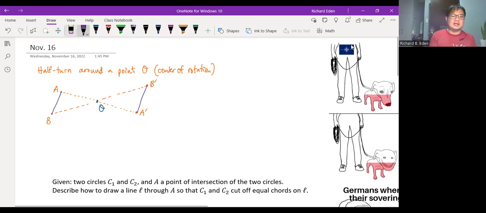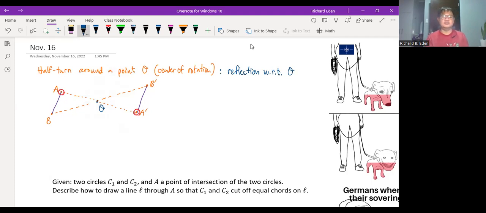Parang kunwari kung magsasabit ka ng balloon dito sa point A, a red balloon, when you do a half turn of this segment around point O, the red endpoint will be sent here. So babaliktad. But then what we see is that a half turn is essentially, you're right, a reflection. This is a reflection with respect to the center, which is point O.